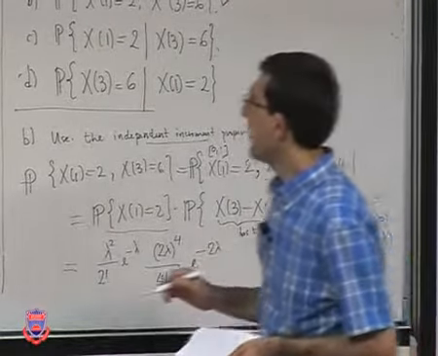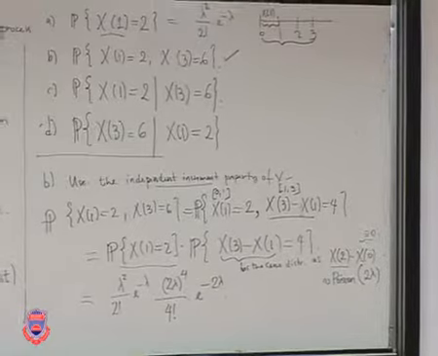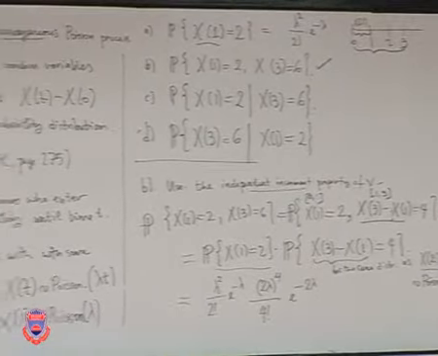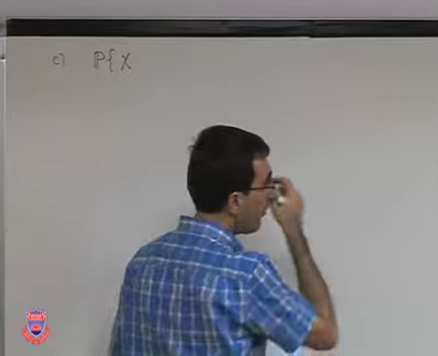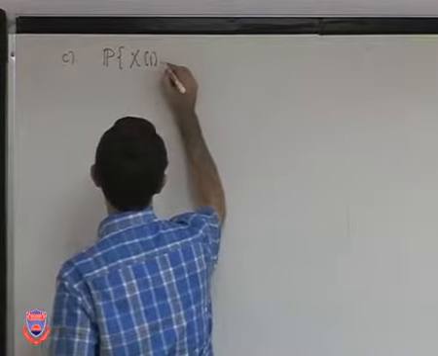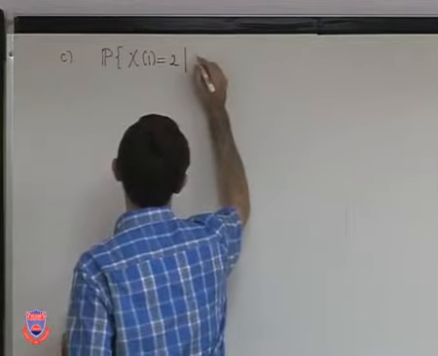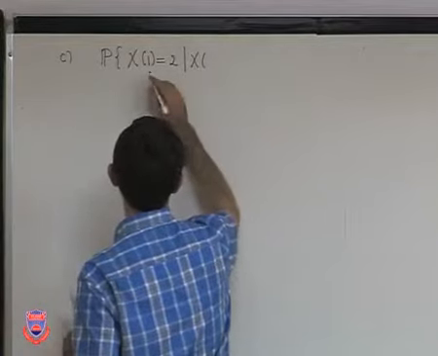Let's look at this one now. We can calculate part C by simply applying the definition of conditional probabilities, right?